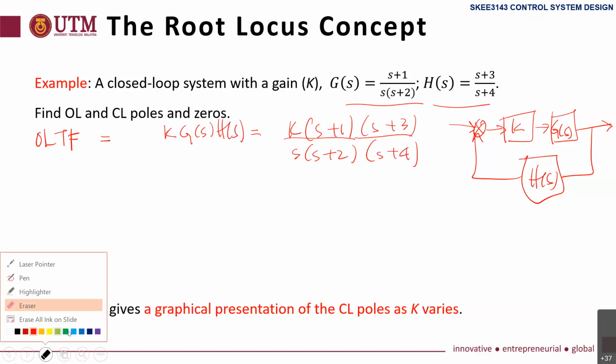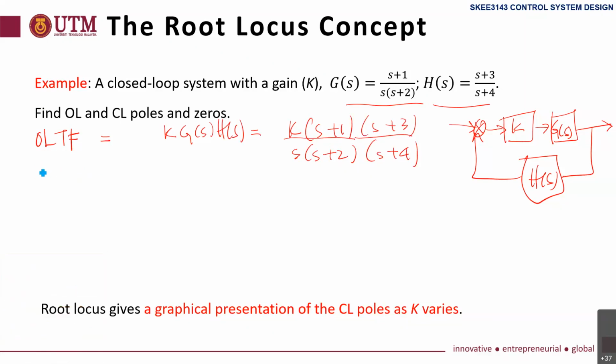Therefore, we can obtain the open loop zeros and poles. That's why K is not needed here.